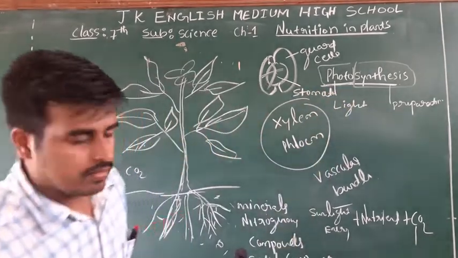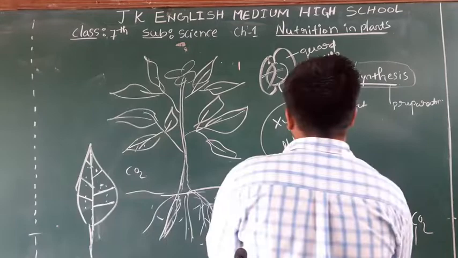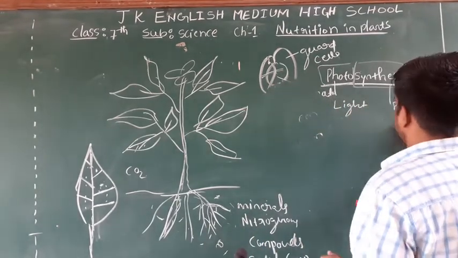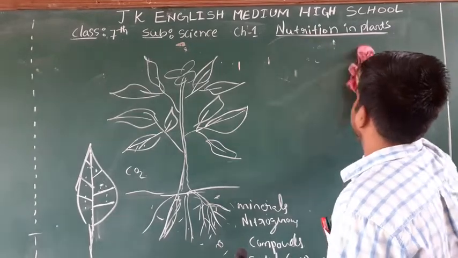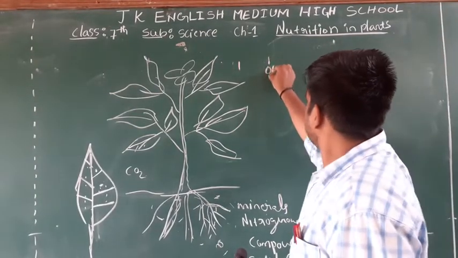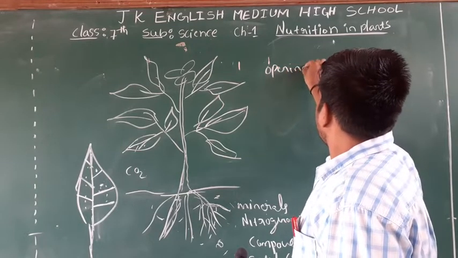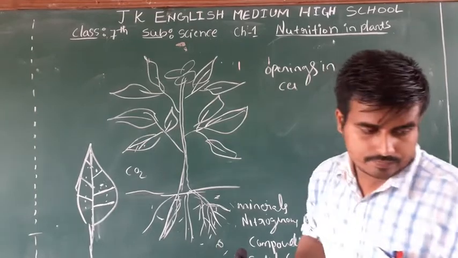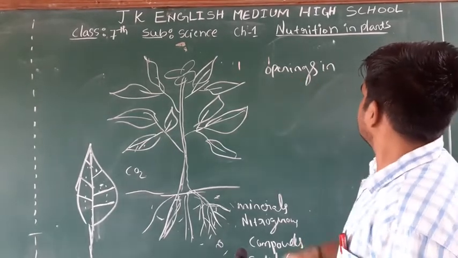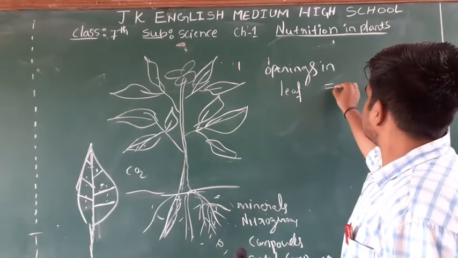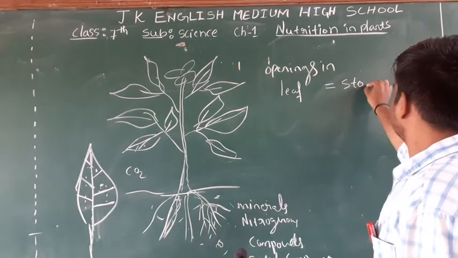S-T-O-M-A-T-A. I will draw this. Small openings in a leaf are known as stomata.